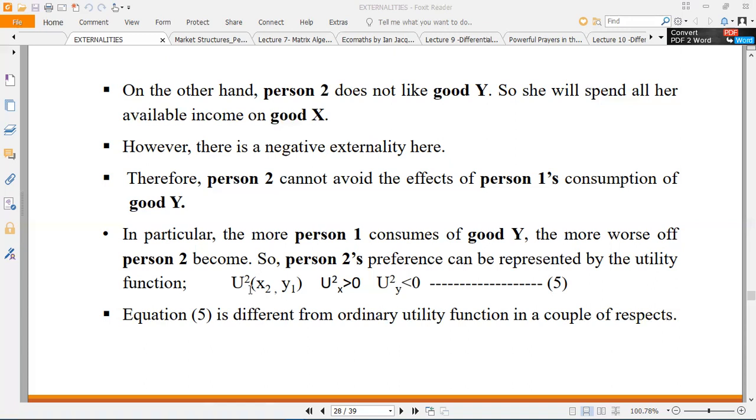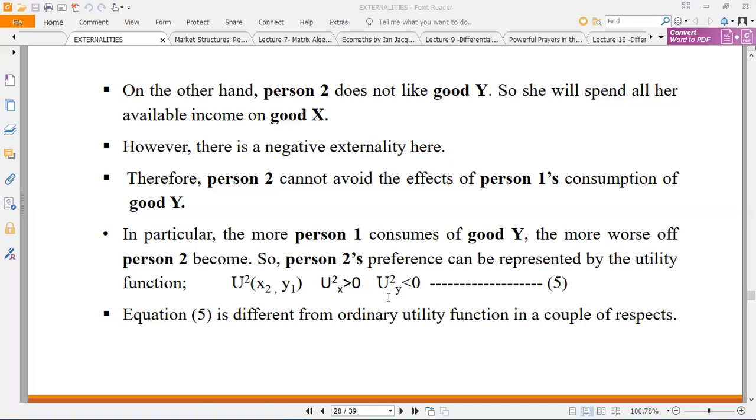So here is a function of good X and then good Y. Now, we know that she prefers consuming good X, so the marginal utility for consuming good X is going to be positive, greater than 0. But she doesn't want to consume good Y, so any consumption of good Y makes her worse off. So the marginal utility of Y is definitely less than 0.